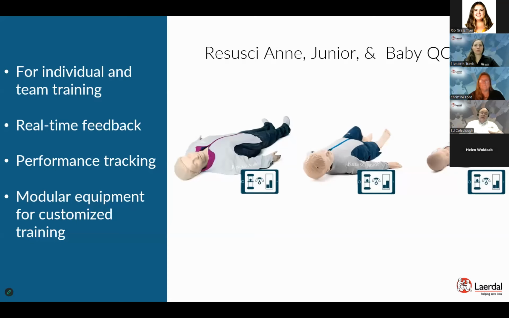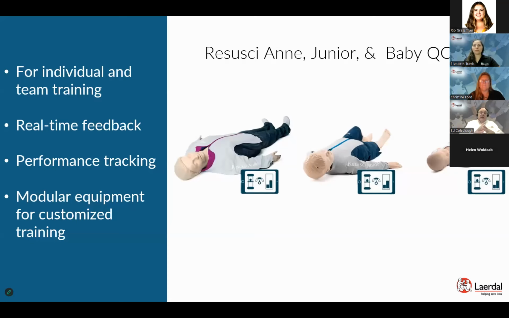And more importantly, the message that we hear so often is that it has to be durable, right? Robust. I teach a lot of different clinical disciplines, and as a former EMS personnel, I can attest to it needing to be durable, right? So the Resusci Anne platform is very robust and does really require very low to minimal maintenance as well.